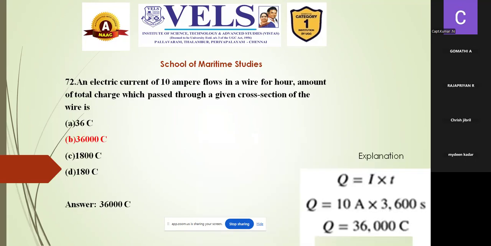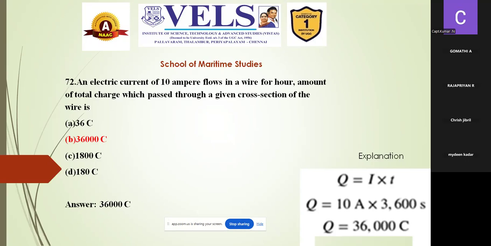An electric current of 10 ampere flows in a wire for 1 hour. What is the total charge which passes through a given cross section of the wire? We need to find the charge. Q is equal to I t, the product of current and time.